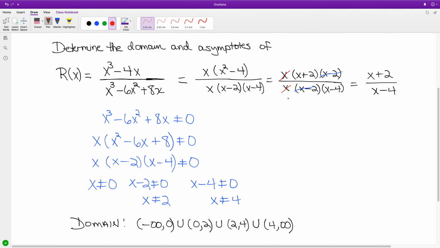All right. And because we have cancellations, we have x equals 0 and x equals 2. In other words, the zeros from the factors that canceled out, those will be holes in the graph.